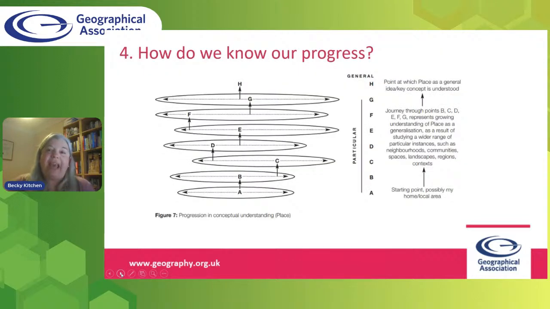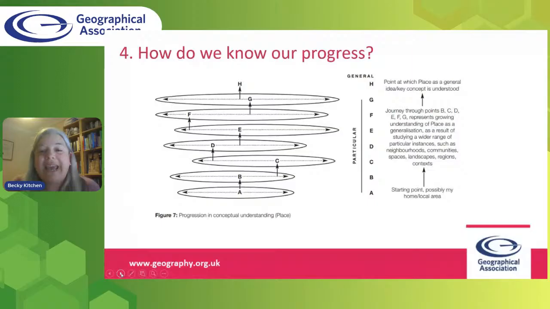So the fourth thing is around progress. How do we know our progress? And this is quite a useful diagram for thinking about curriculum. Here we've chosen place as the concept. So place is one of the characters that is going to be developed.